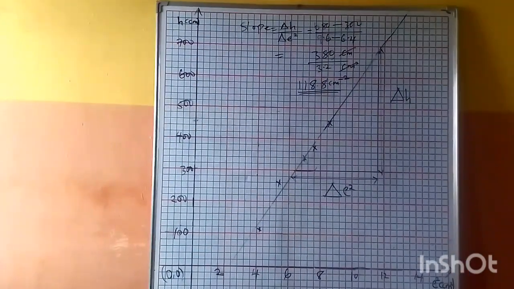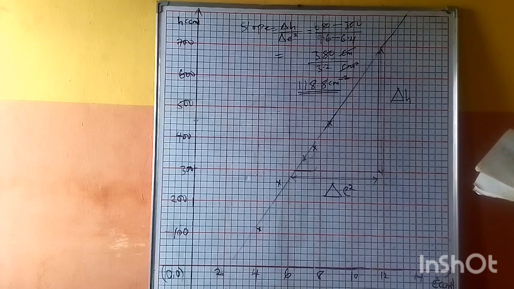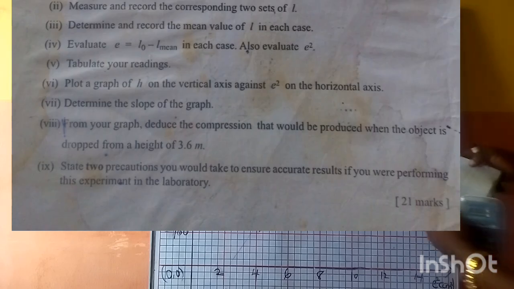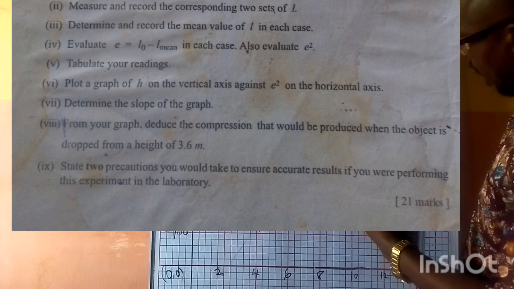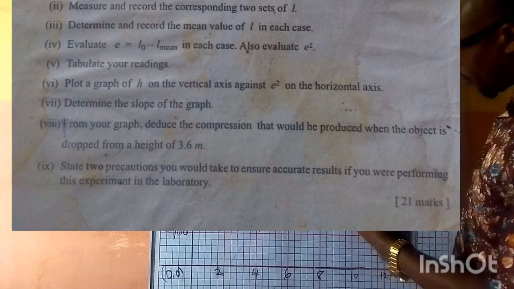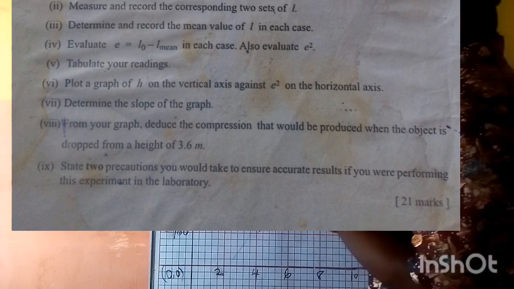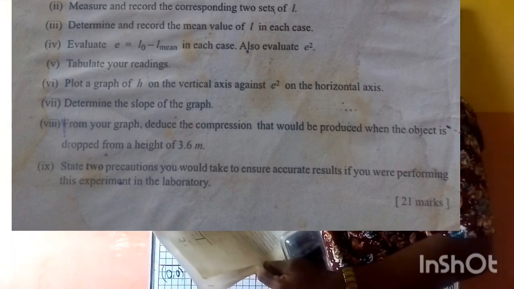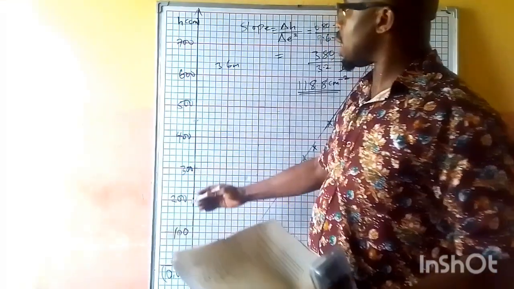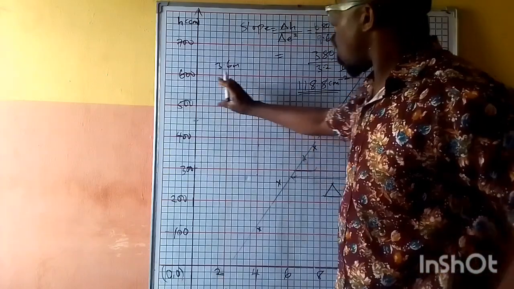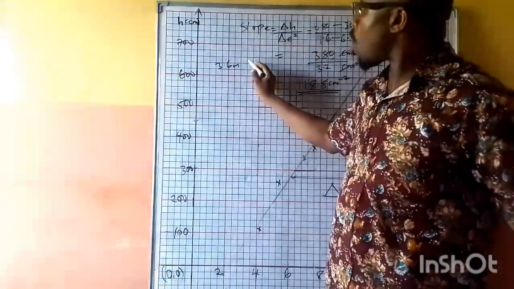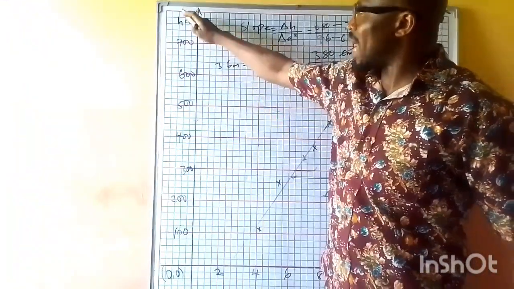Now the next question is question VIII. The question says, from your graph, deduce the compression that will be produced when the object is dropped from a height of 3.6 meters. Now, all we need to do is convert this to cm because the height is in cm.